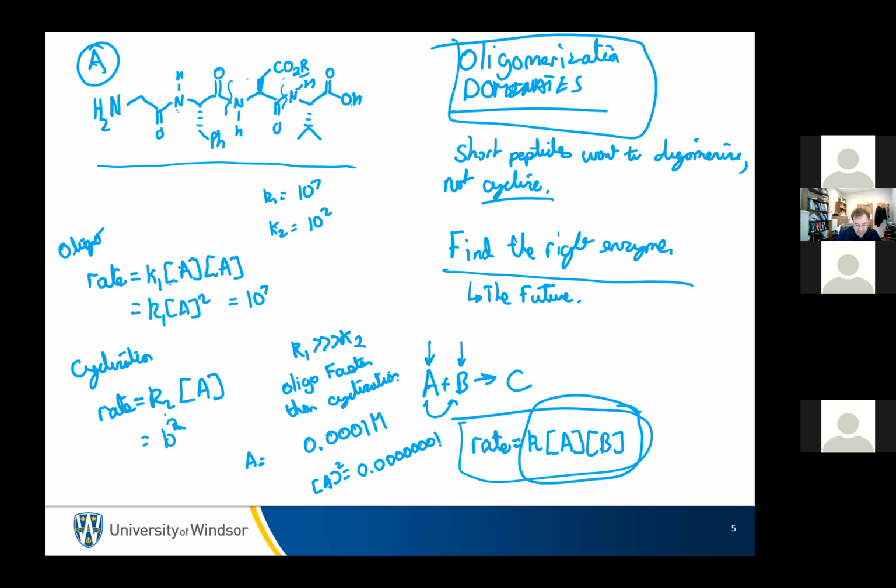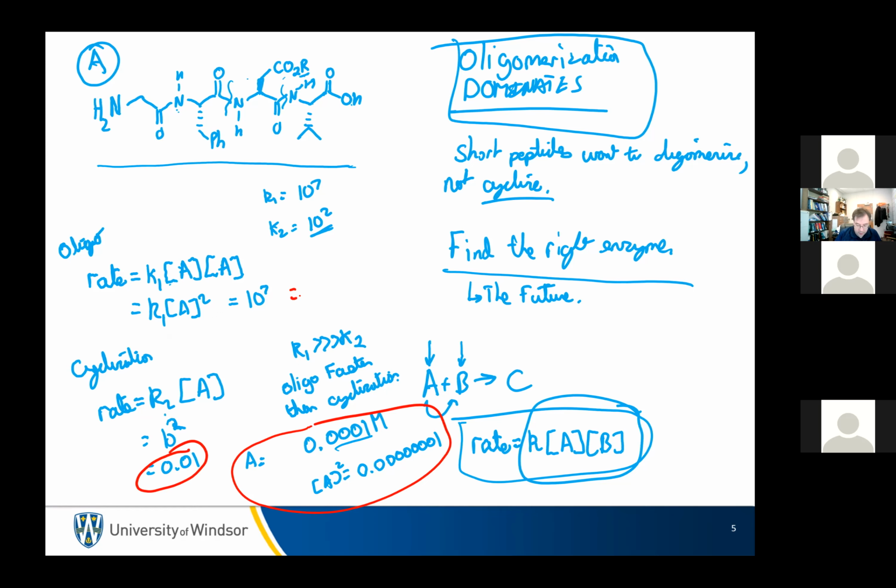So now if this is just K2 times A, K2 is 10 to the 2, A is 0.001. That's going to be 0.1.